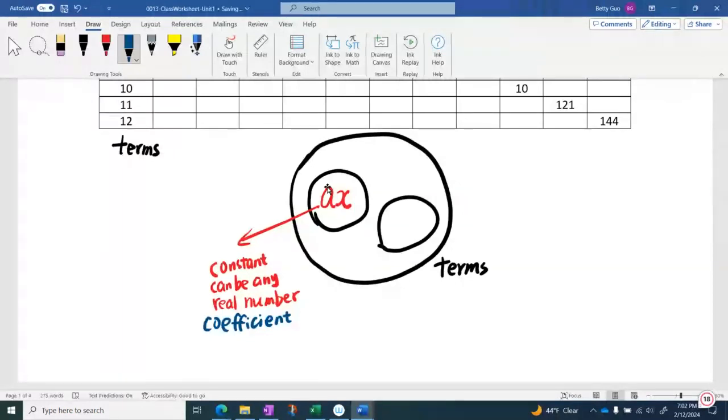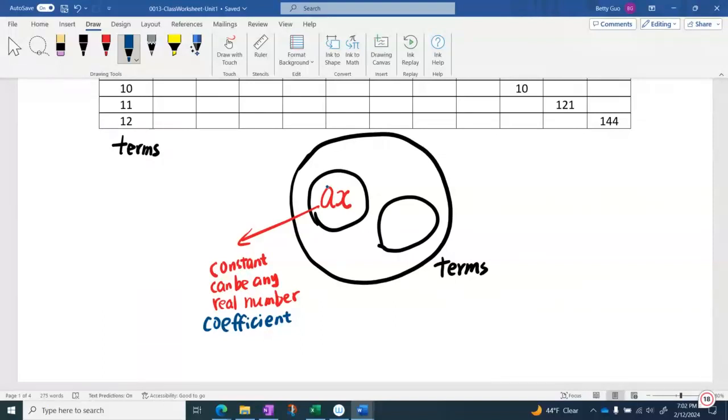Any language has its own terminology and grammar. Same with mathematics, same with algebra. We are going to mention coefficient a lot. Coefficient is always a constant. Here, A represents the coefficient of the term. It is a number. It could be any real number.